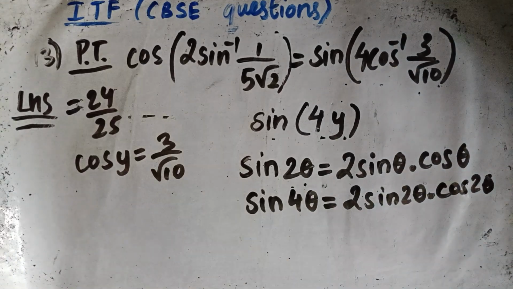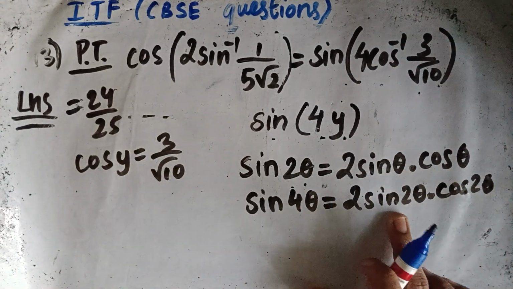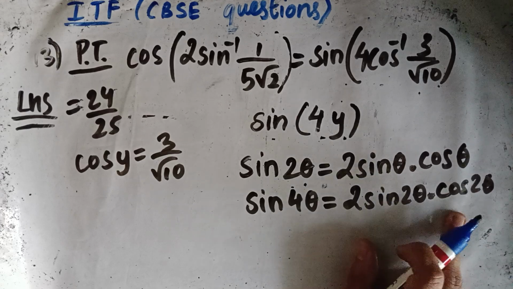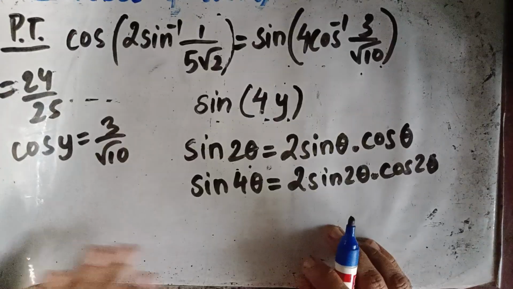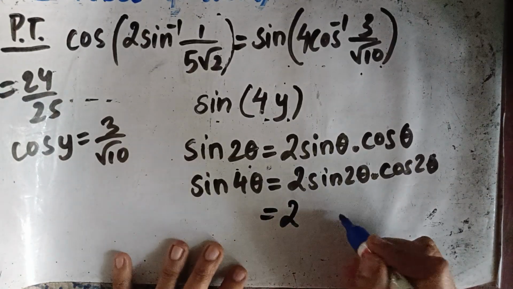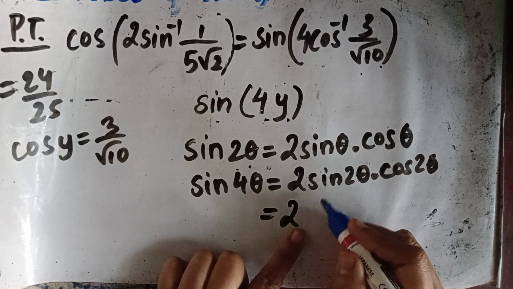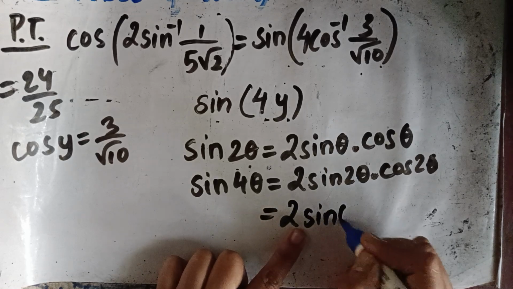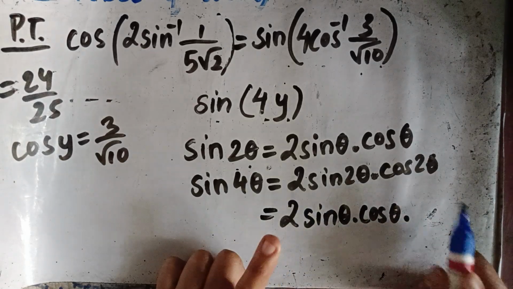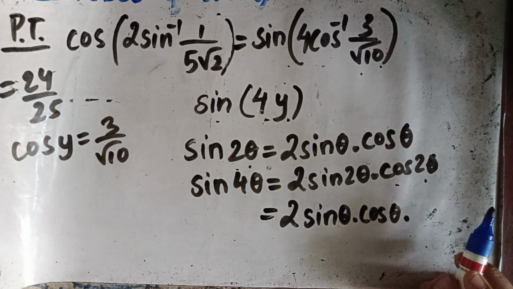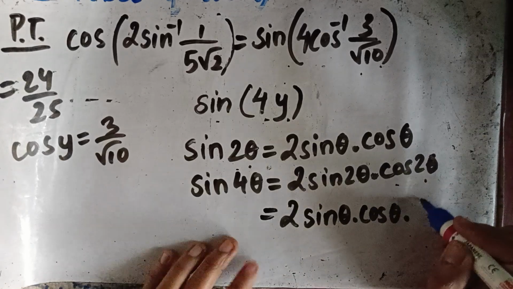Further, we have to reduce this sine 2 theta and cos 2 theta. That is, sine 2 theta can be written as 2 sine theta into cos theta, and cos 2 theta can be written as 1 minus 2 sine square theta.